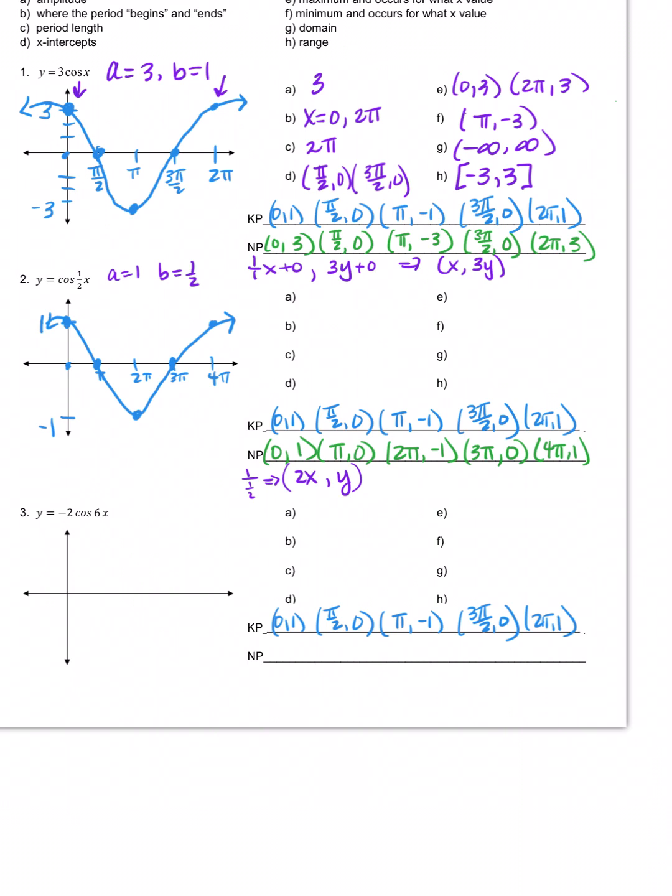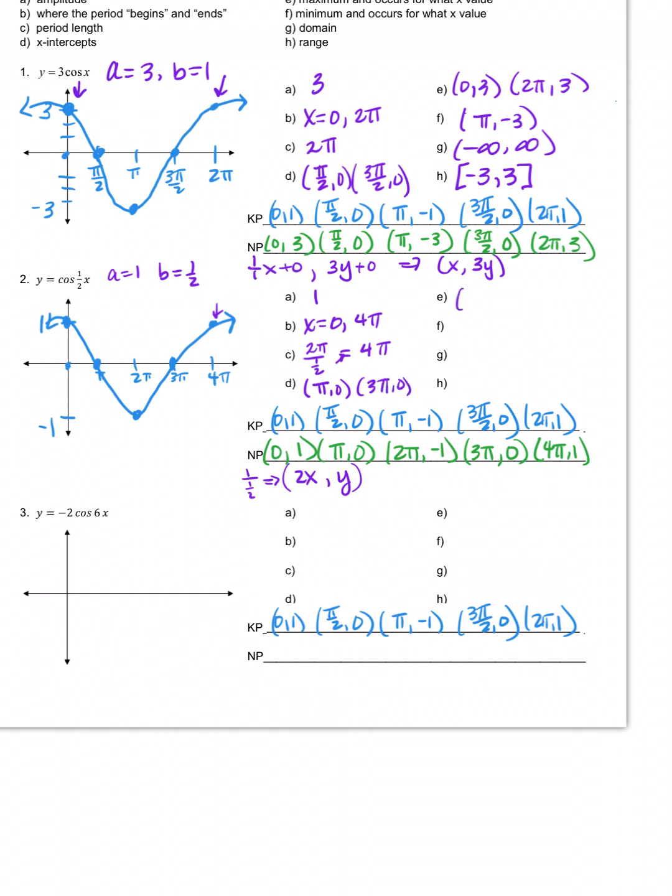So amplitude, well, it's just 1. Absolute value of 1 is 1. B is, where does it begin and end? Well, it begins at 0, but it ends at 4 pi. So C is the period length, so 2 pi divided by 1/2 turns into what, 4 pi? D is the x-intercept, so I have an x-intercept at pi, 0 and then at 3 pi, 0.